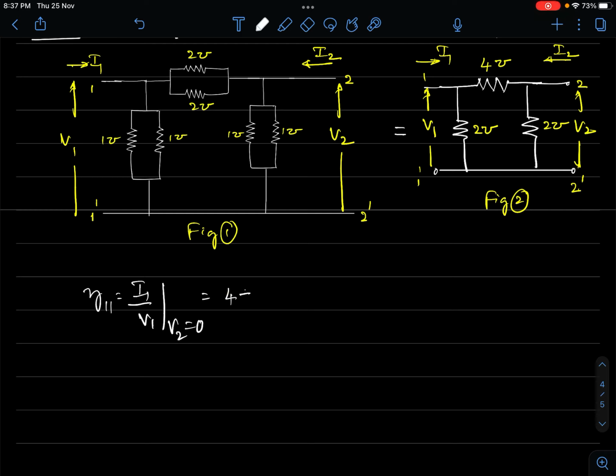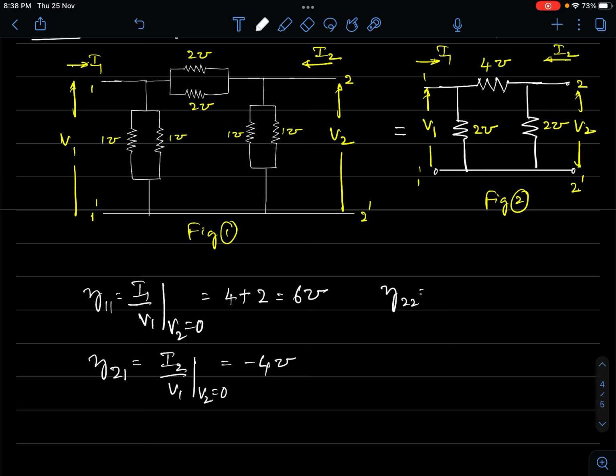This is equal to 4 plus 2, the same logic that we had earlier. This is 6 mhos. Then Y21 is minus of YB, minus of this element, that is 4 mhos. You can use it as a result. This is I2 to V1 with V2 equal to 0. This is minus 4 mhos.